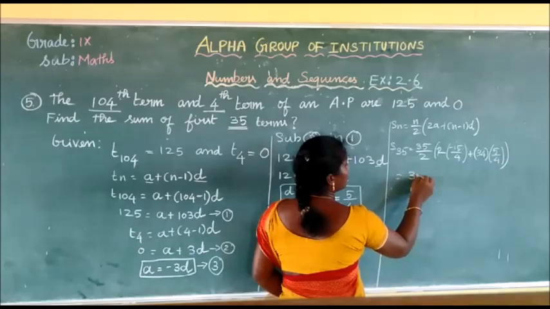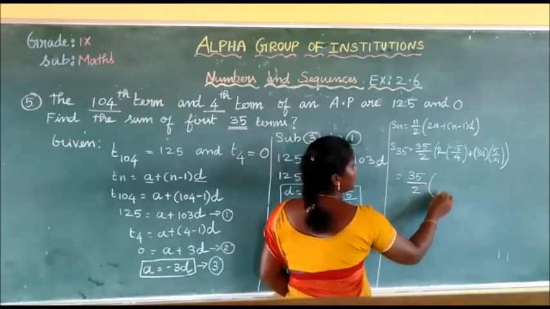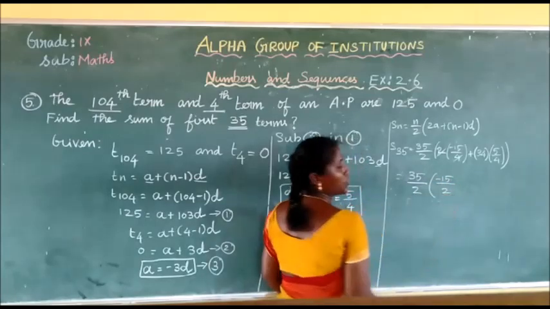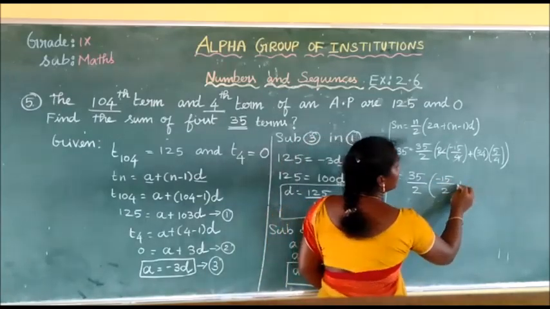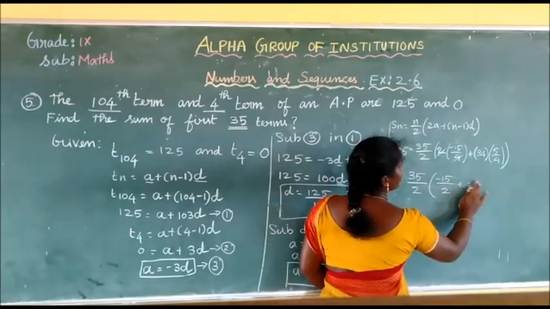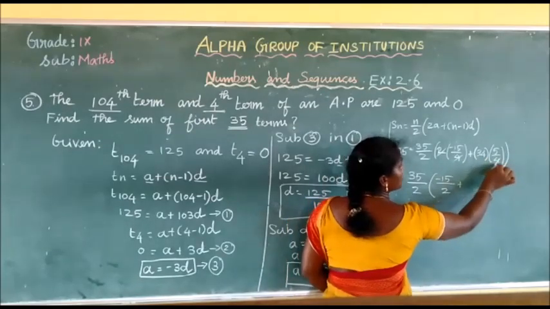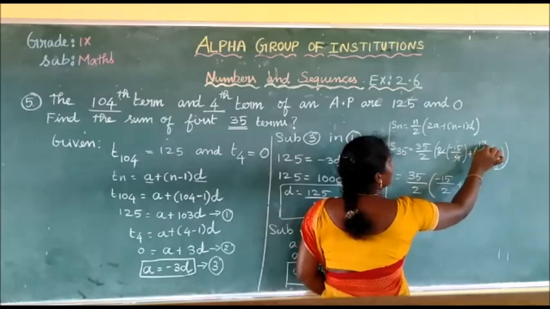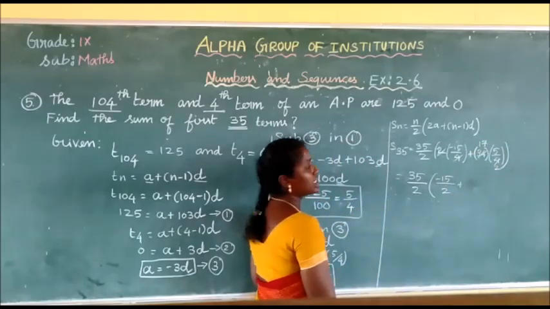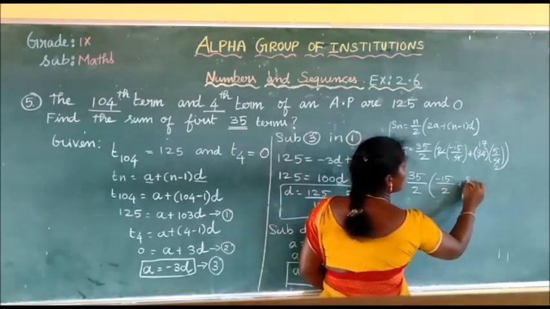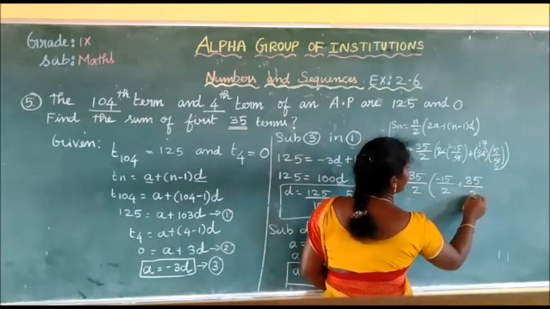Now 35 by 2. Here if I simplify 2 and 4, minus 15 by 2, isn't it? Plus 34, if I simplify 34 and 4, it will be simplified by using 2. So 2 into 2 is 4, 17 into 2 is 34. Now what is 17 into 5? It is 85. 85 by 2.